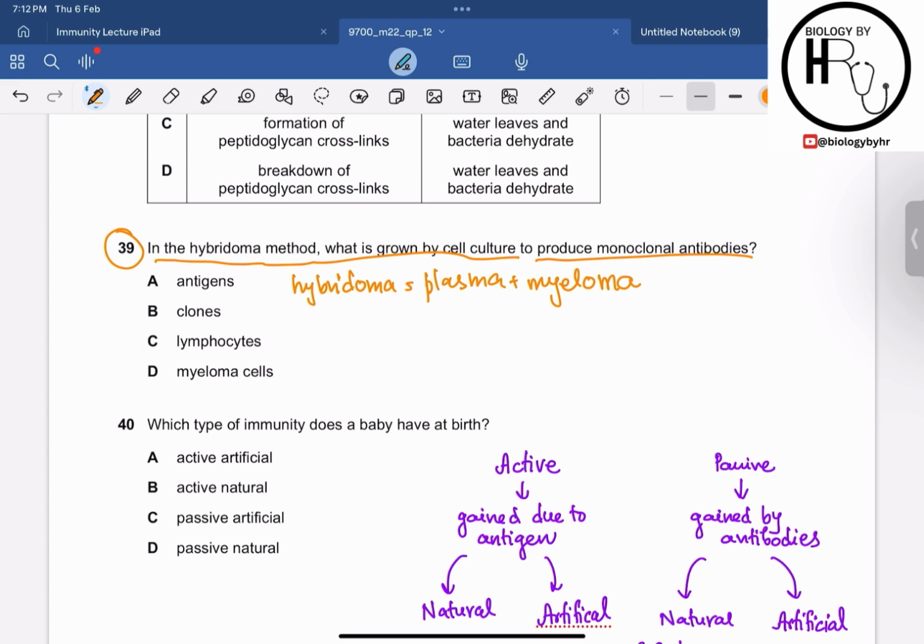So in the production of monoclonal antibodies, the clones of the hybridoma cells are grown by cell culture to produce the identical monoclonal antibodies, right? So the correct answer over here would be option B.